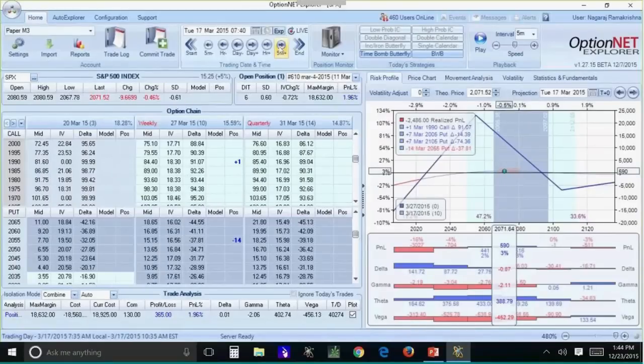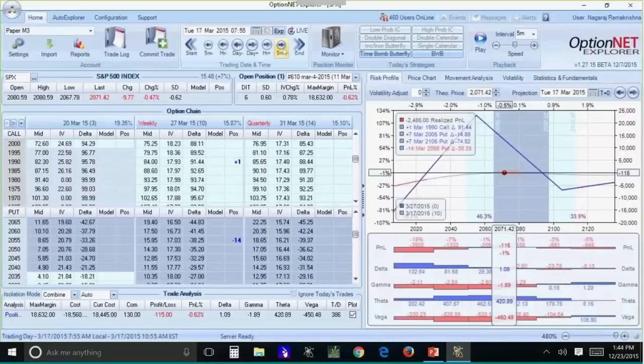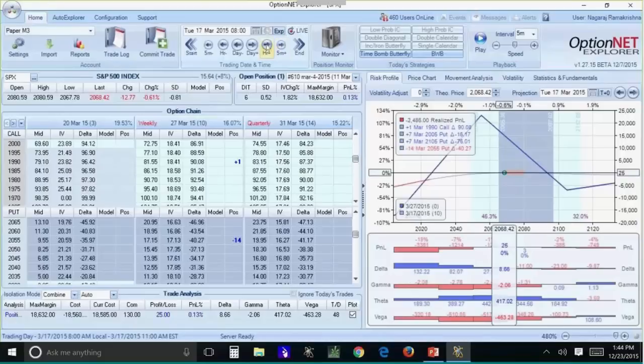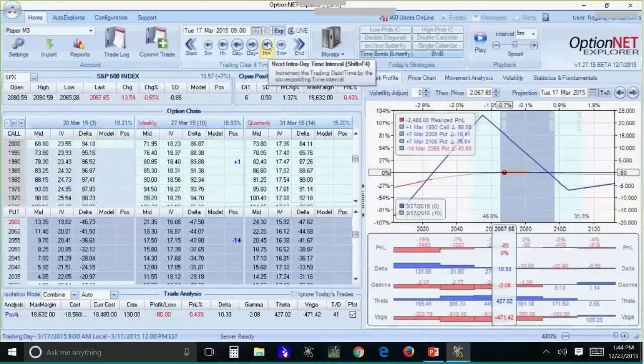I ended up closing the trade at 8 a.m. So I'm just going to step through that. Okay, something's off here. Let's just, for the heck of it, take it through the closing time.